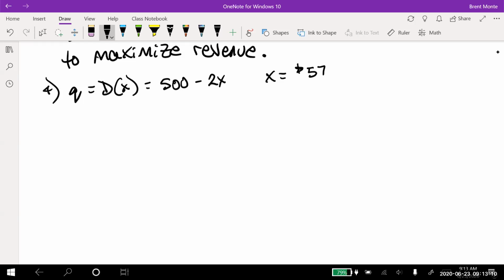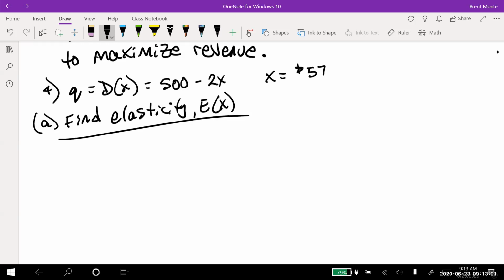And so the question says, A, find the elasticity, E of X. All right, so in our formula, E of X, negative X times D prime of X all over D of X. And so we just plug it in.